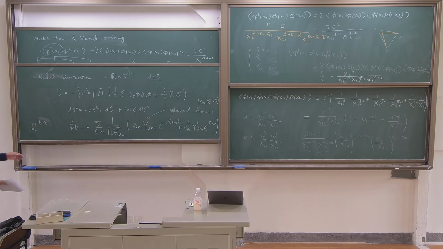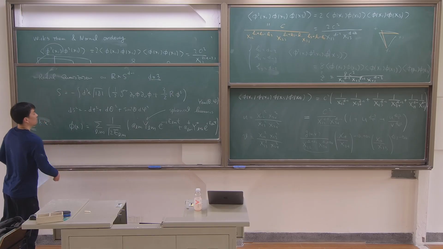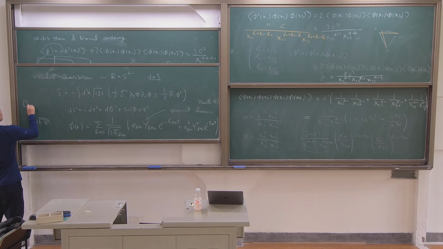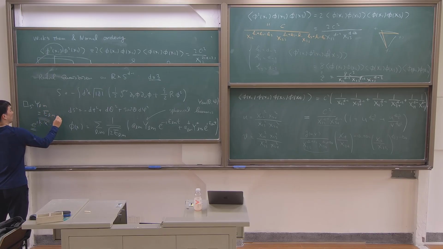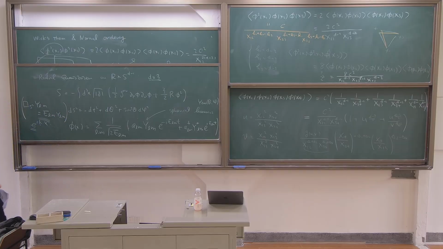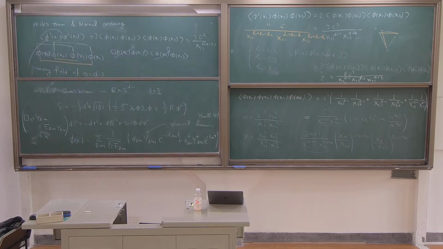So that's the eigenfunction. Therefore, the Laplacian of S^2 acts on Y_lm and gives the eigenvalue times Y_lm. I already forgot how to write the Laplacian of S^2.